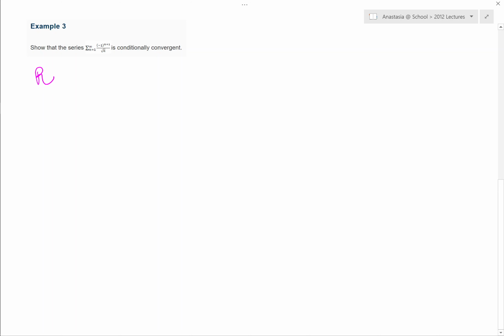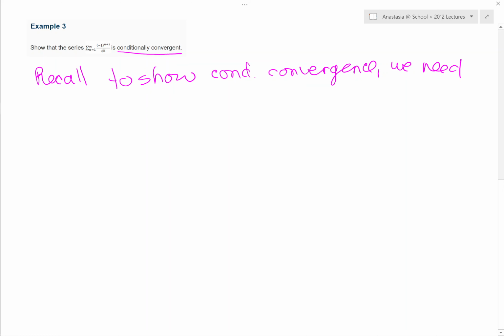So remember, from the notes just above this example, that in order to show something is conditionally convergent, we need to show two things.